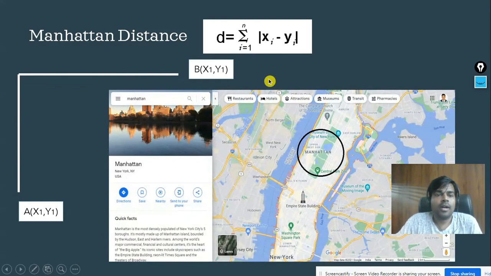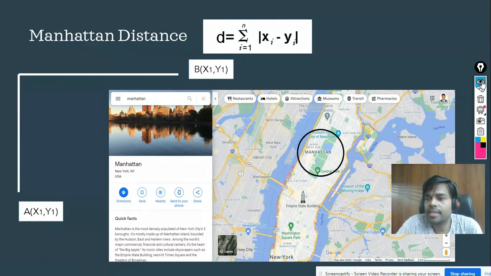And the name Manhattan distance comes from a city in the US. It's called Manhattan, New York. This is the city name in the US, so from there comes the name Manhattan distance.